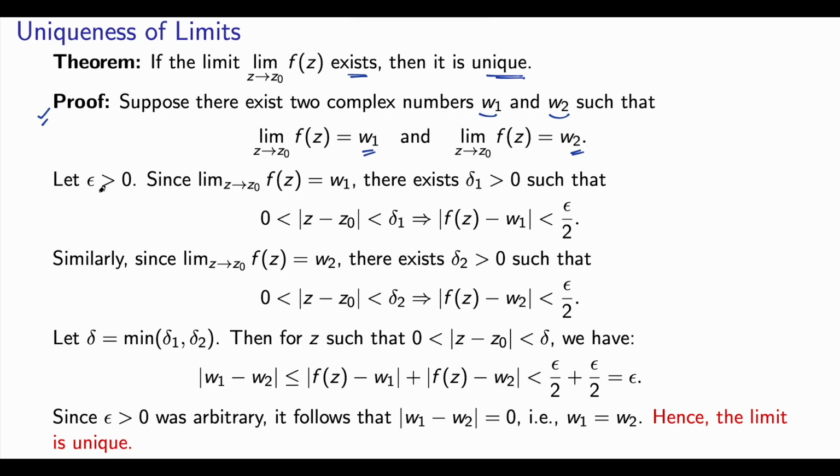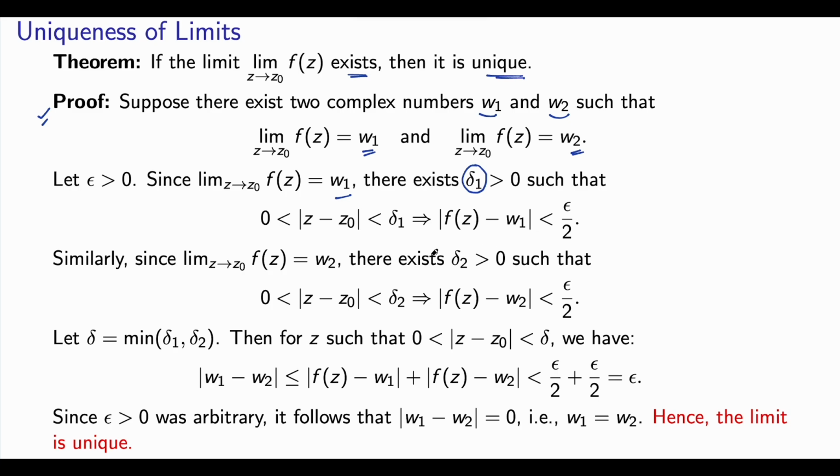Let epsilon be greater than 0. Since w1 is the limit, I can always find a delta 1 greater than 0 such that modulus of z minus z naught less than delta 1 and greater than 0 implies modulus of f(z) minus w1 is less than epsilon by 2.